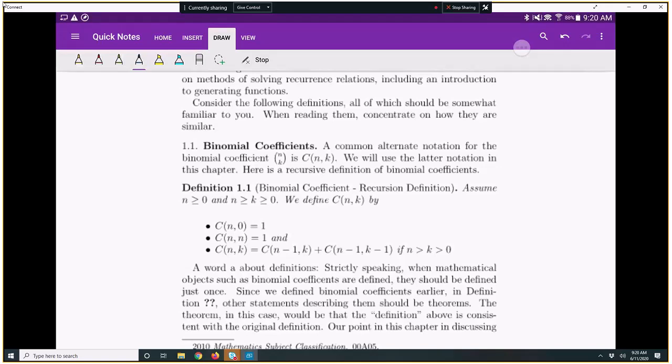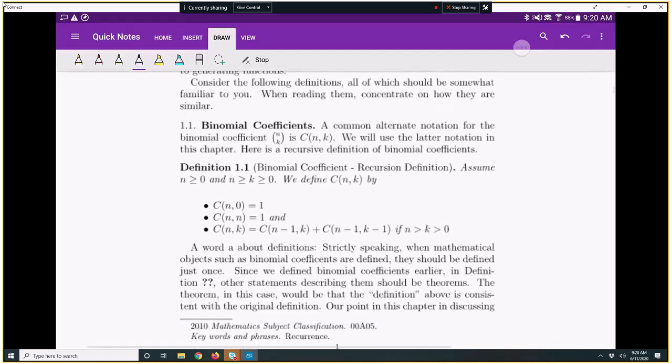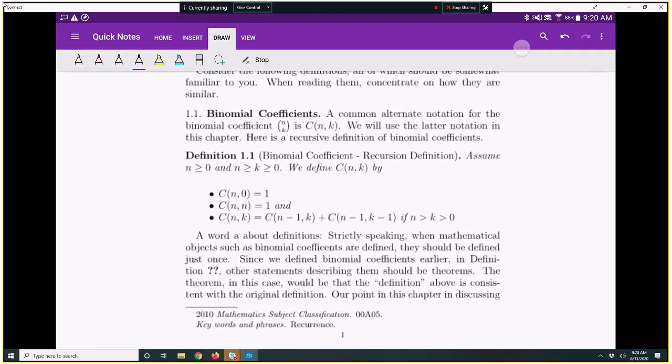We can define the binomial coefficient recursively. So assume that n is greater than or equal to k, which is greater than or equal to 0. We can define n choose k by first noting that n choose 0 is 1, and n choose n will be 1.